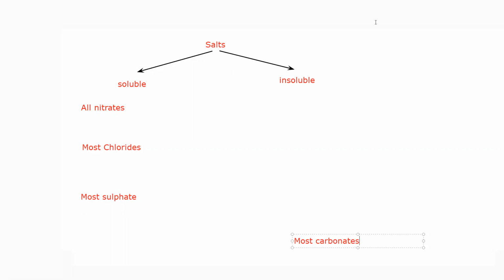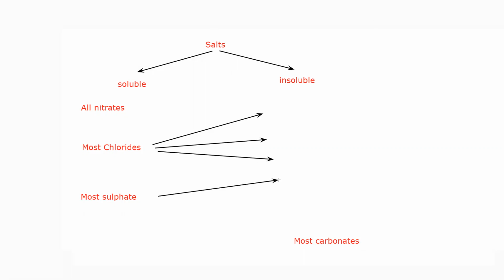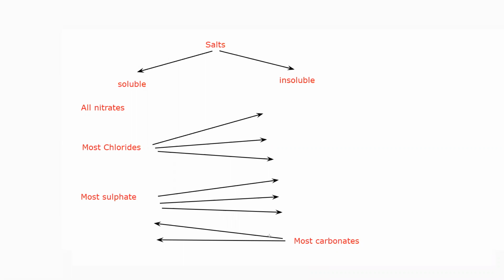But there are exceptions. Three of the chlorides are insoluble: mercury, silver, and lead. Three of the sulfates are also insoluble: barium, calcium, and lead. Three of the carbonates are soluble: sodium, potassium, and ammonium.